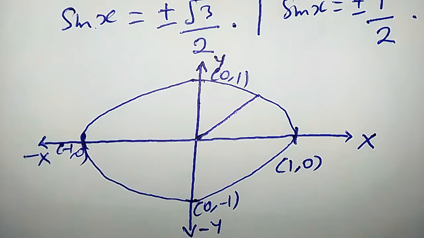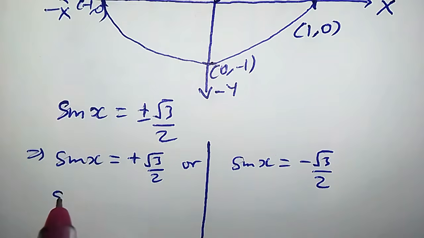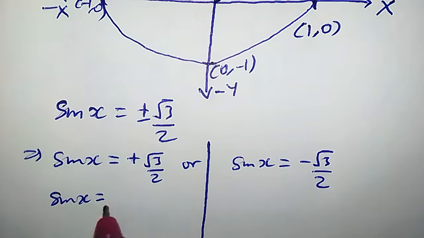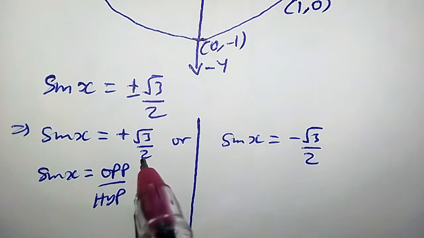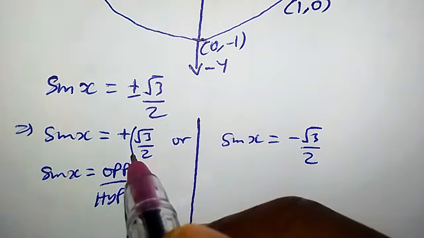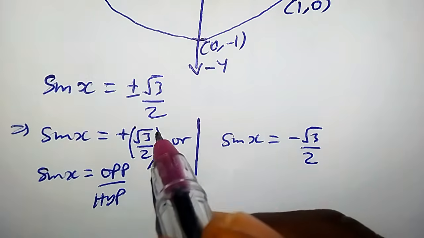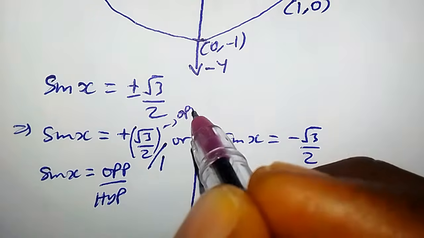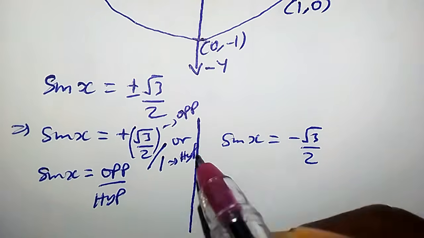But before we proceed further, let me explain something here. We know that sin x is equal to opposite over hypotenuse. This square root of 3 divided by 2 is like having square root of 3 divided by 2 over 1. So this is our opposite and 1 is our hypotenuse.